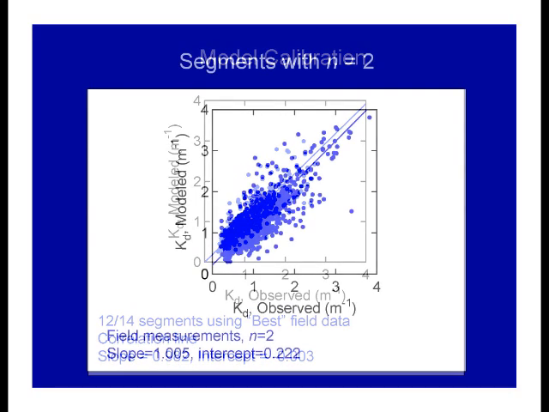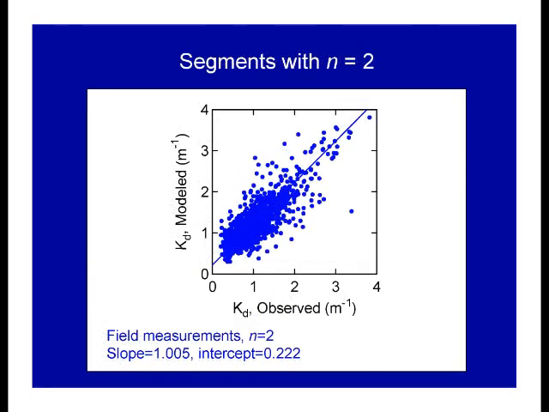Now, there were those 2 segments that did not have data, and so we can almost look at that as a model verification, because we didn't use those data for calibrating the model. And here are those data. You see the scatter is a little bit larger, because obviously some of those data have been affected by bottom reflectance or heavy focusing, whatever.